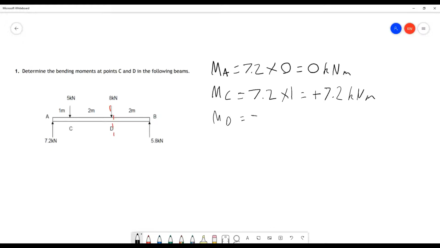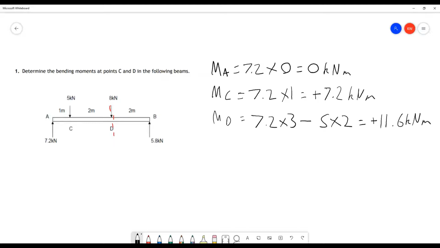So we know we've got 7.2 at point A, but this time it's now 3 meters away, and we've got a force now acting in a counterclockwise direction relative to point D. So we're going to subtract the 5 kilonewton force at C, which is 2 meters away. We get 7.2 times 3 minus 5 times 2. When we put that into our calculator, we're left with a positive value of 11.6. And so a positive sign there to indicate that.